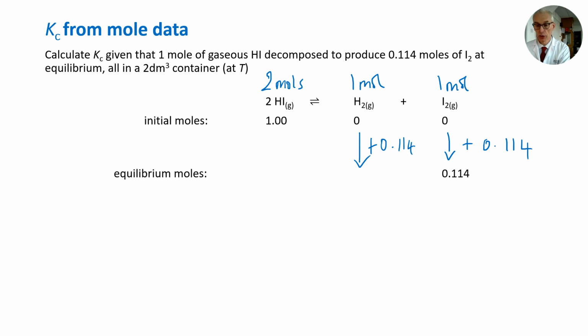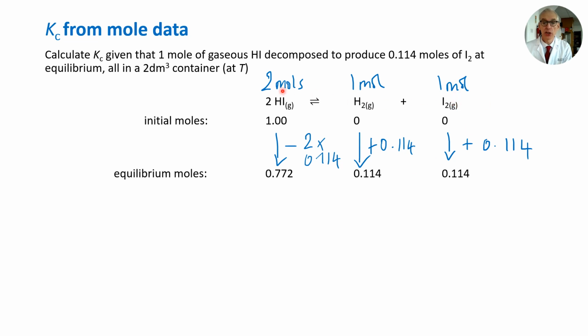So we can conclude that the amount of hydrogen at equilibrium, numbers of moles, is the same as the moles of iodine there. But the numbers of moles of hydrogen iodide will have come down by 2 times 0.114 to make 0.772. Just make that point crystal clear.